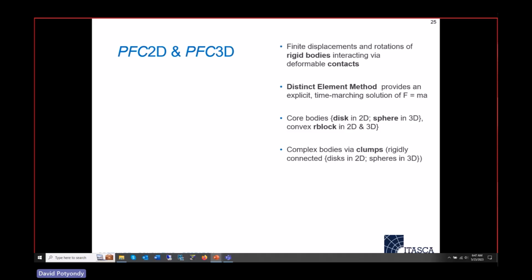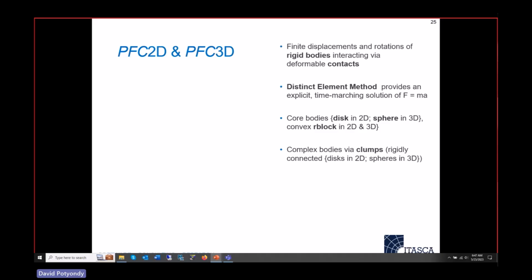Here's the basic idea again. We've got these rigid bodies that can move around, and these rigid bodies come into contact with other rigid bodies, and at that contact there's then going to be a force that develops, and it's going to be equal and opposite and act on those two bodies. And so we can then model that type of system using this numerical technique called the distinct element method. Basically what we're doing is taking small steps forward in time, and we're constantly updating the positions of these particles.